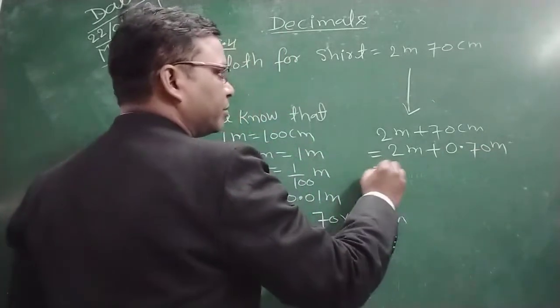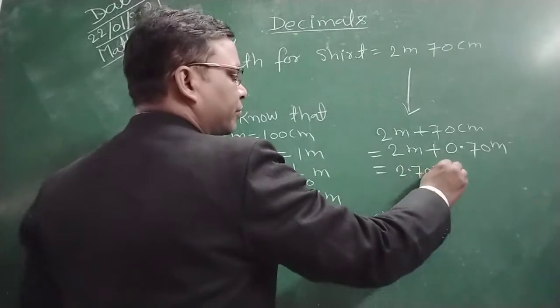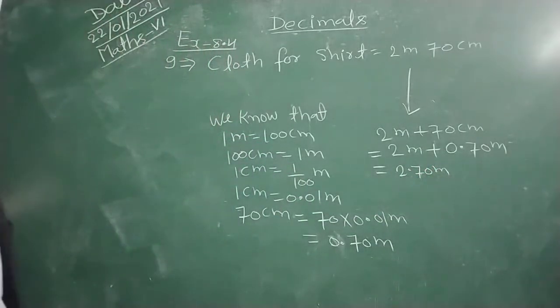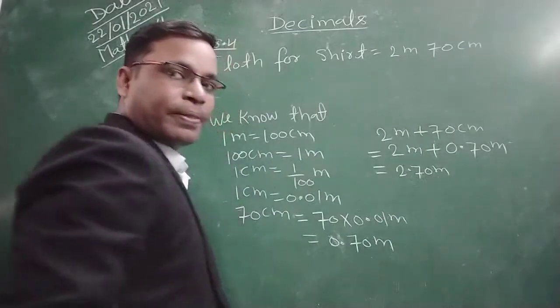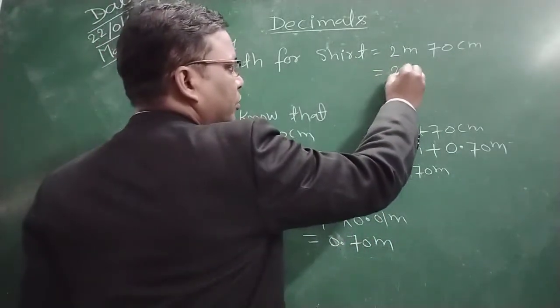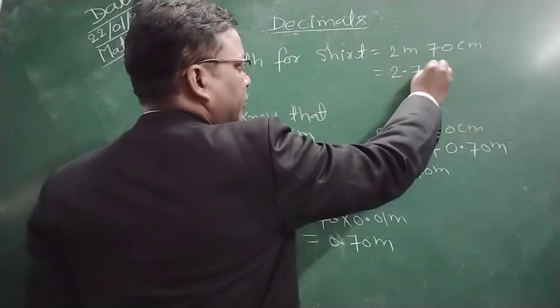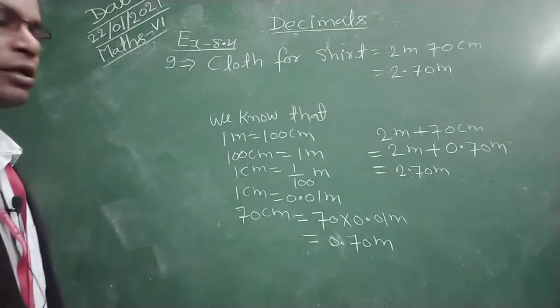Okay, if you add them, then you get 2.70 meter. This is clear? Now, if you add them, then we get 2 meter 70 centimeter is equal to 2.70 meter. This is the cloth for shirt.